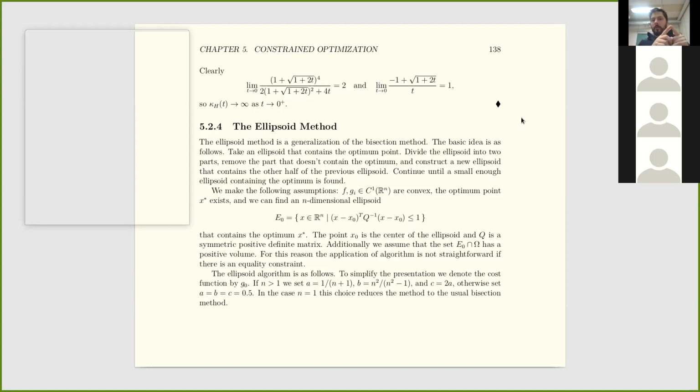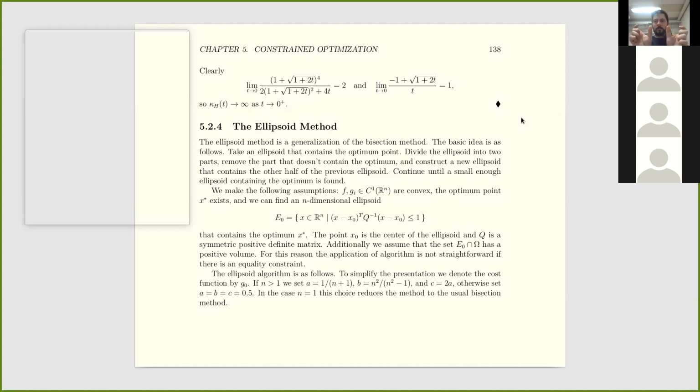We know that the minimum is found probably between some point A and B. We don't have proper use of derivatives and so forth, but we have this general tendency of the function to first go down and then up. So there is a kind of generalized convexity, something akin to convexity, going on, so that we're going down and then up. And then we divide the interval into three pieces.